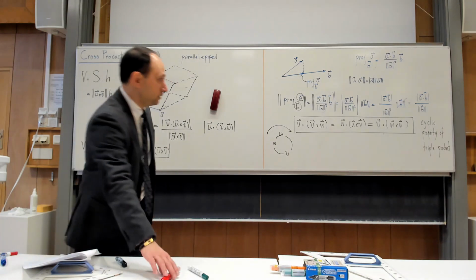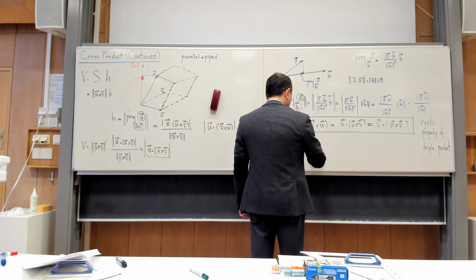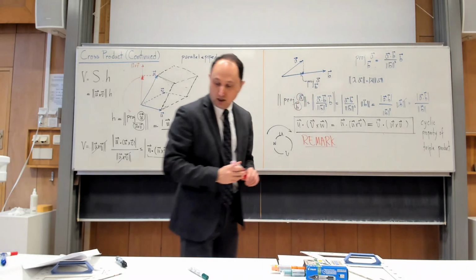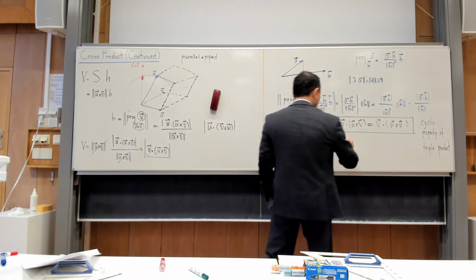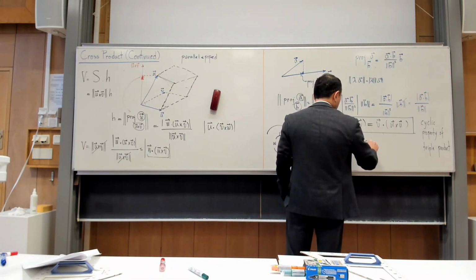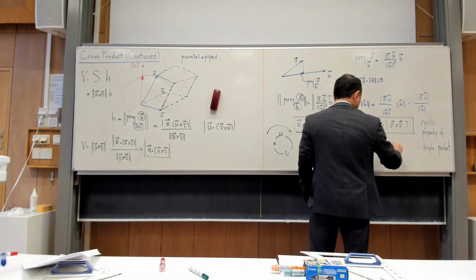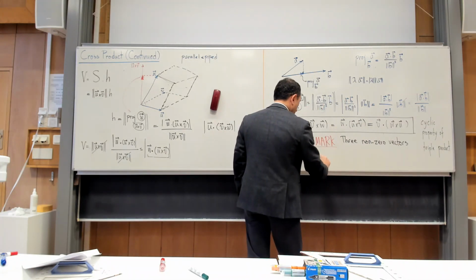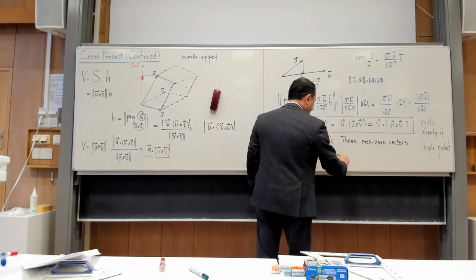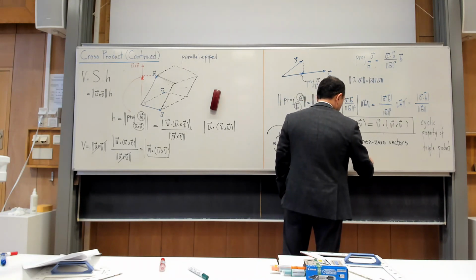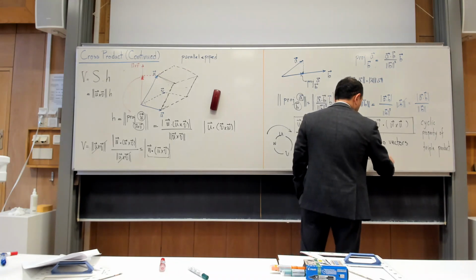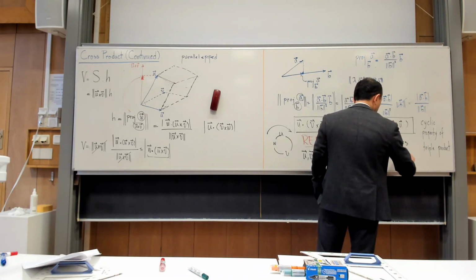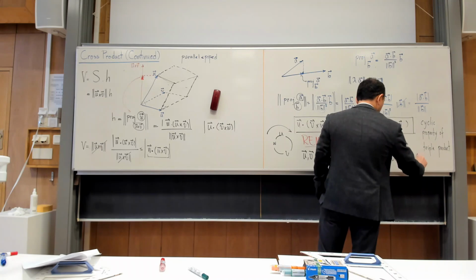So let me write this as a very important remark. Three non-zero vectors U, V, and W are coplanar if and only if, IFF means if and only if, U dot V cross W is the 0 number.